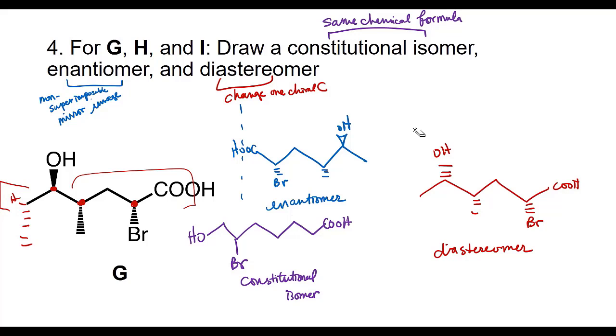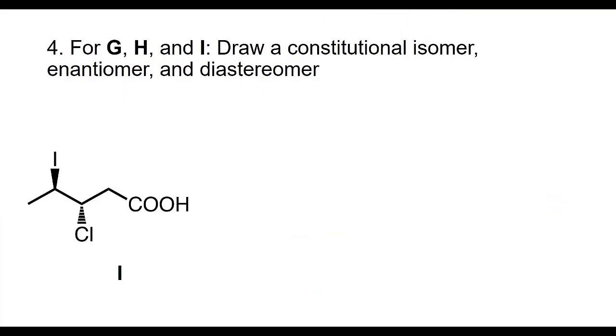Let's do this one. Okay, so I'm going to start with an enantiomer because I can get a mirror image a little easier. So I'm going to make enantiomers red on this slide. Okay, so I'm going to get my mirror, and then I'm going to do the enantiomer. All I have to do is literally take the same thing.